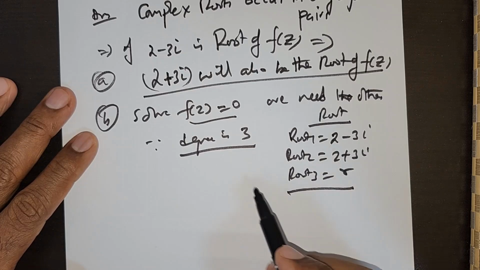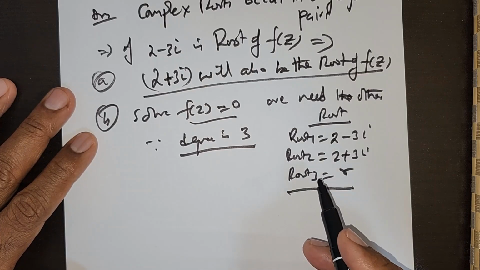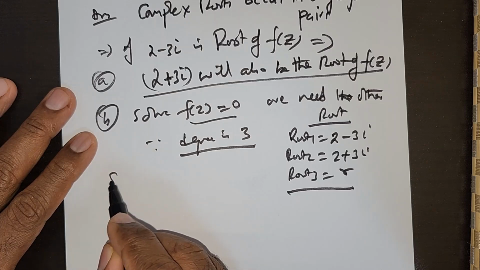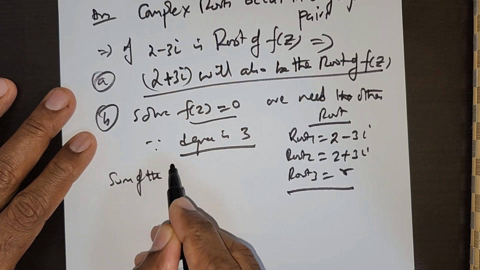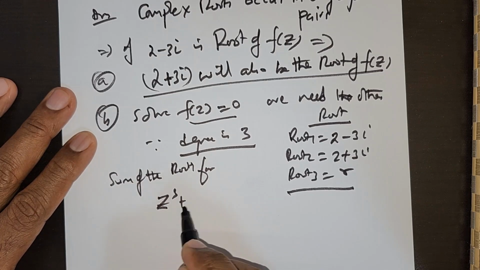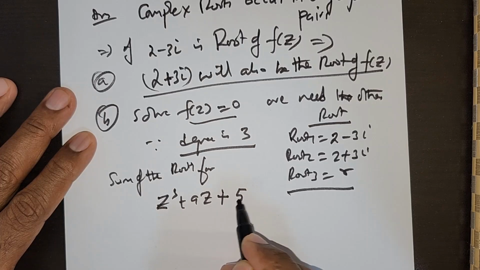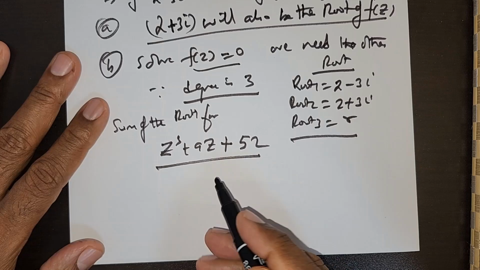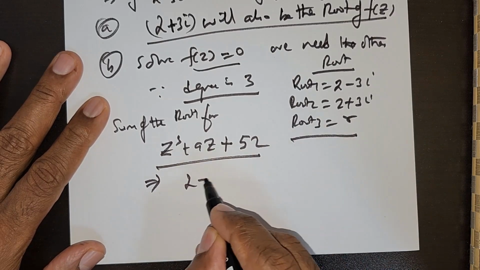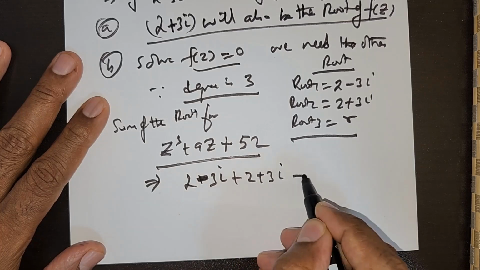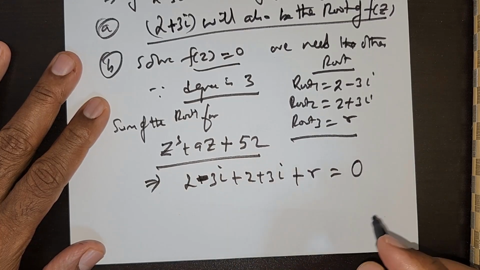Now the third root, I'm going to take as some r. We know the formula for the sum of the roots for z cubed plus az plus 52. You see here the second term is missing, so if I add 2 minus 3i, 2 plus 3i and r, that is going to be equal to 0.